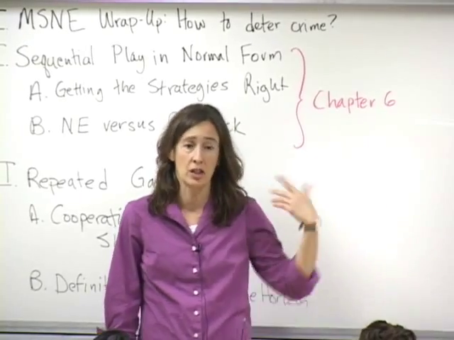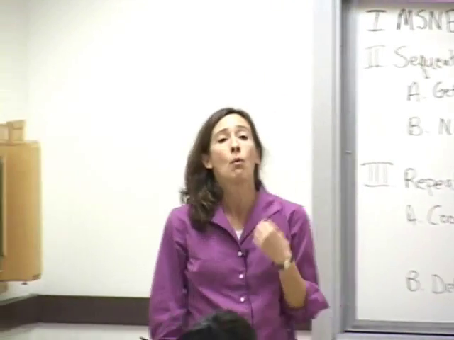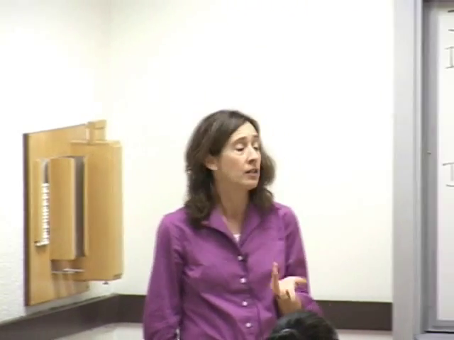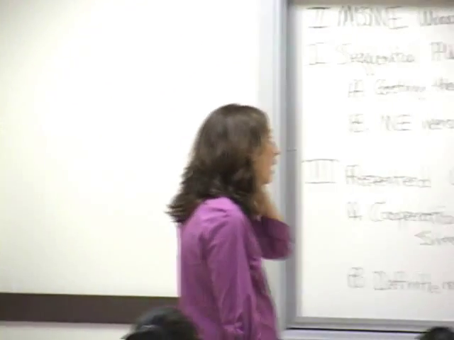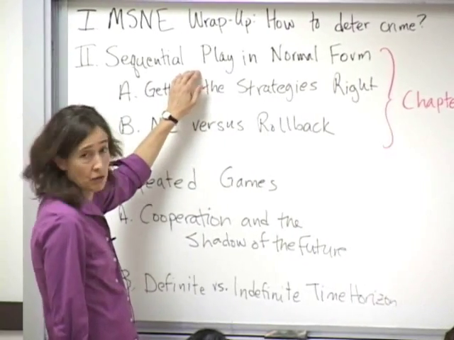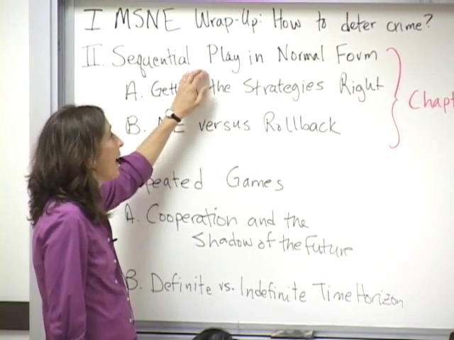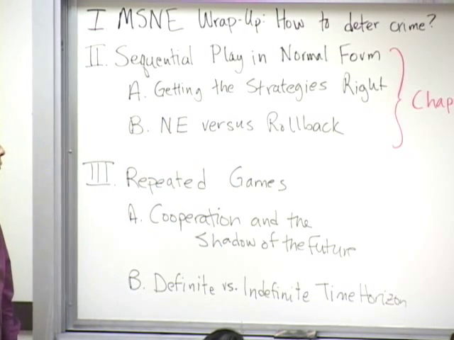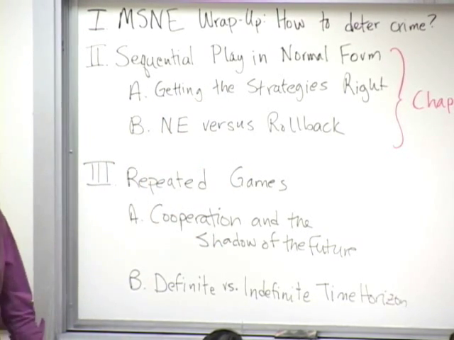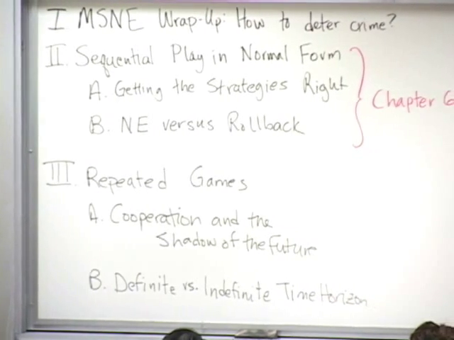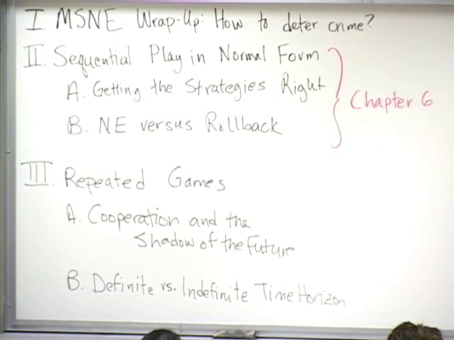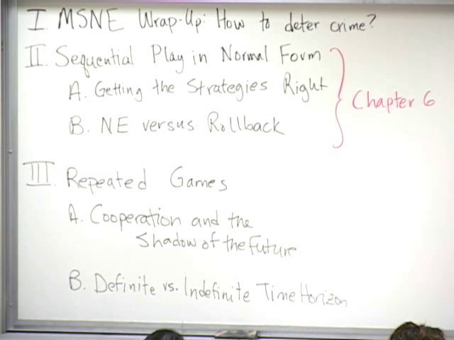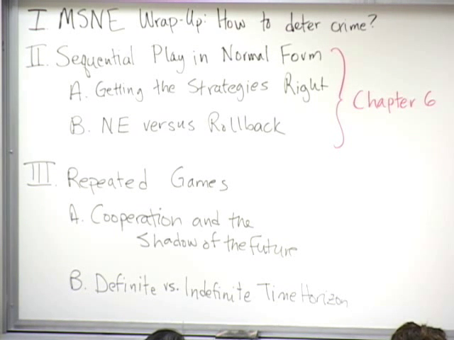So there's some sections in chapter 6 that I won't go through, but that nonetheless will help you solidify what you've learned. The only part of chapter 6 I am going to do in class is going to be the topic of sequential play in normal form. Okay, so if you were thinking, gosh, it seems like she didn't do much chapter 6 so far, you're right. What I am going to do is going to be today.